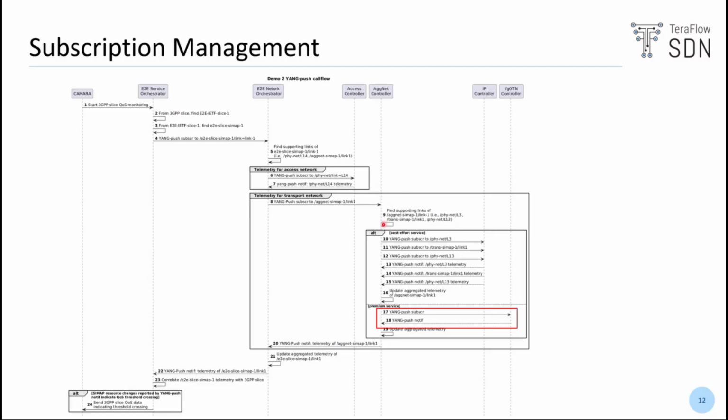Internally, the controller that is getting this request performs a find of data and correlation of resources through this SIMAP representation. So it says, okay, for instance, this specific link or this slice or whatever is supported by these specific physical links or underlying virtual links, whatever. It decides whatever is needed. If needed, it issues appropriate subscriptions to underlying systems, so it can be hierarchical.